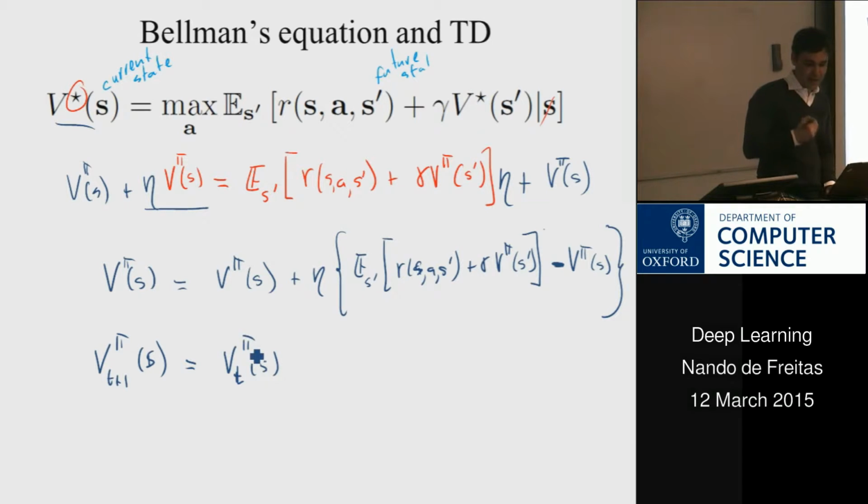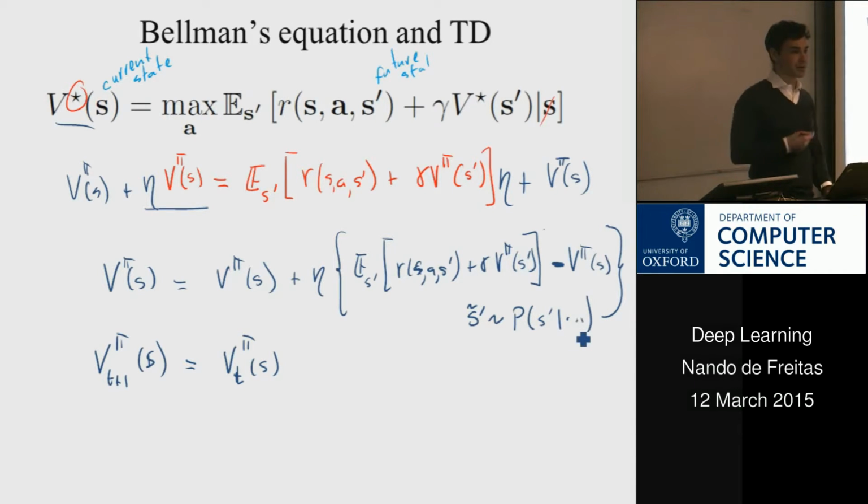And now what I'm going to assume is that I'm going to draw a sample of S prime from the environment, from some distribution, which could depend on many other variables. So if I have a model, it could depend on the previous state, the previous action, if I'm in a Markovian setting. But it really could be any state produced by the environment.